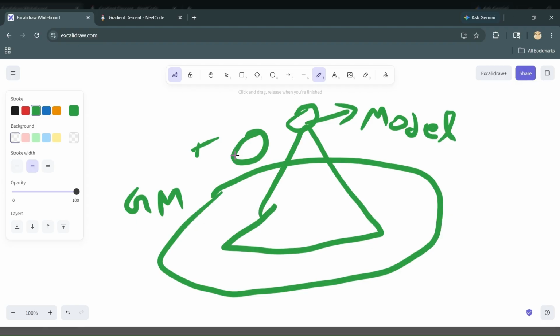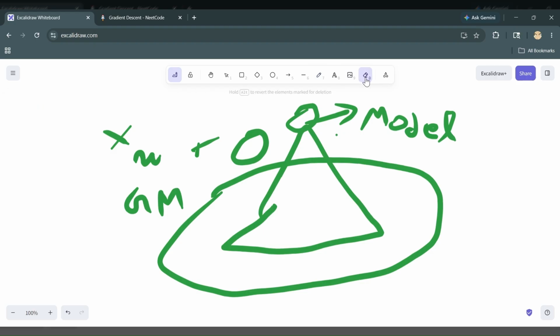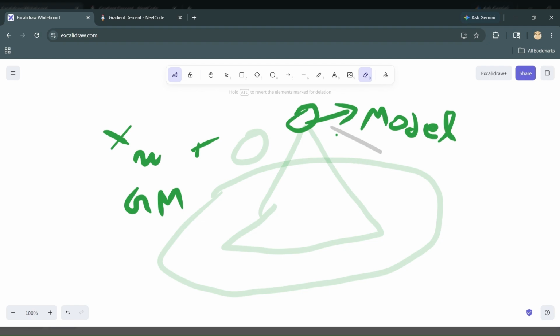So for this, we'll take the current value. Let's call it x new, and so we need to take the old value as reference to continue.